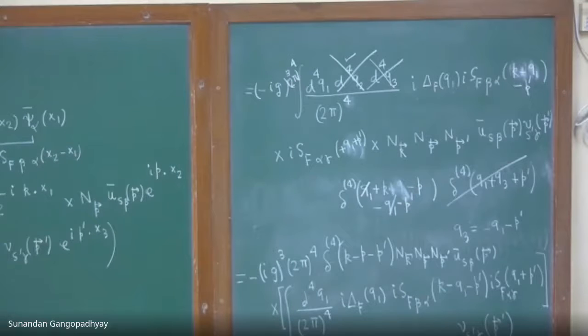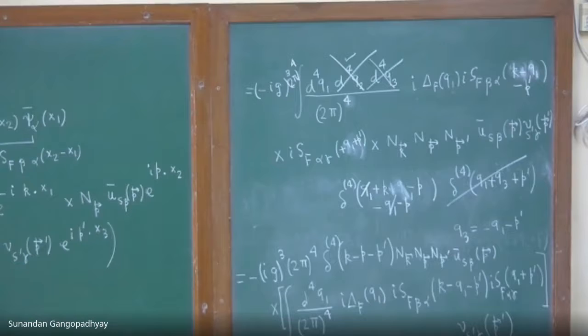Which term? Just one minute. I'm coming back to you. Let me go through all the factors, then I'm coming back to you. So P prime is what? P prime is A minus, okay.